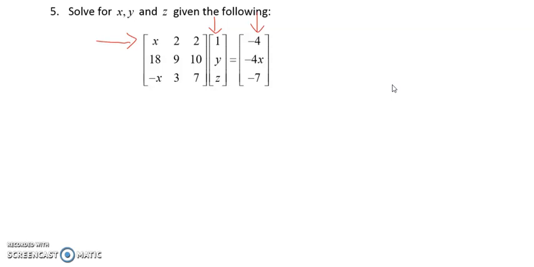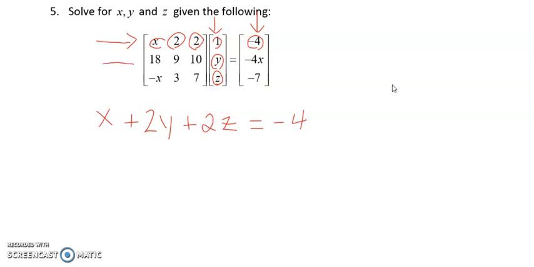So your first equation would be x multiplied by 1, that's x, and then 2 multiplied by y, that's plus 2y, and then plus 2 multiplied by z, that's 2z, and it's equal to this first number over here, which is negative 4. So there you go. The second equation would become 18.